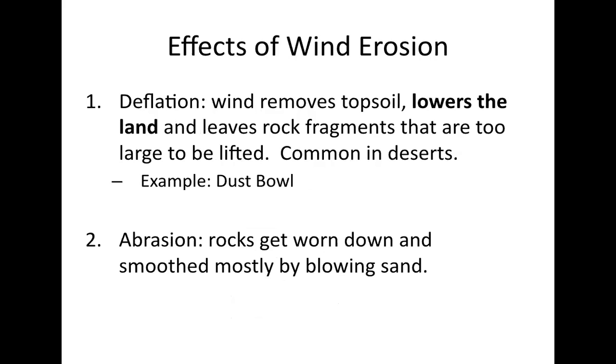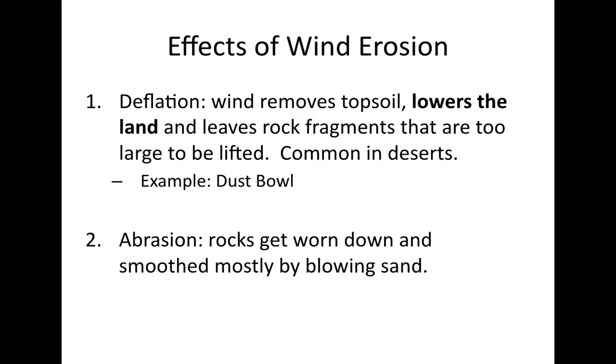So some effects of wind erosion, the first of these is deflation. So deflation, wind removes the topsoil, so we're talking about the top layer. It lowers the land, so if we're removing the top layer, we're going to be lowered, okay? And then it leaves rock fragments that are too large to be lifted.